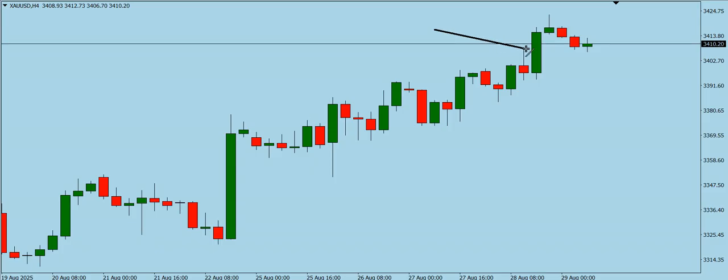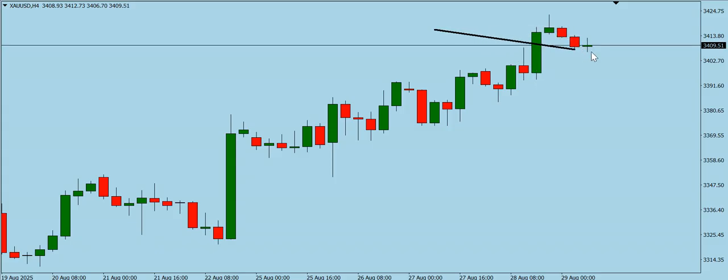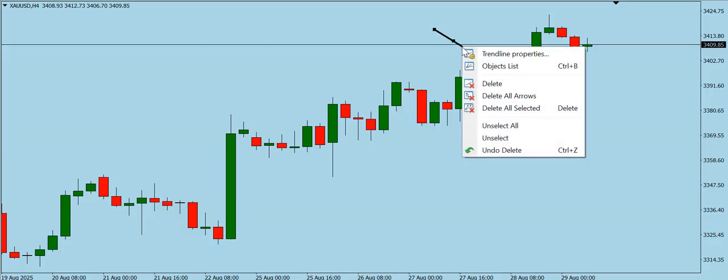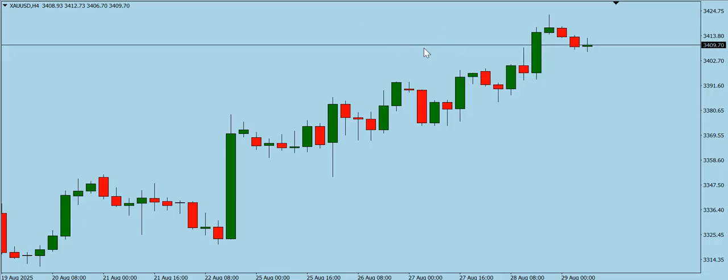For this pin bar, where price is now, the resistance got broken, and price is now trying to use this high as a support. But let's see how it goes as time unfolds. For now, the direction is bullish.